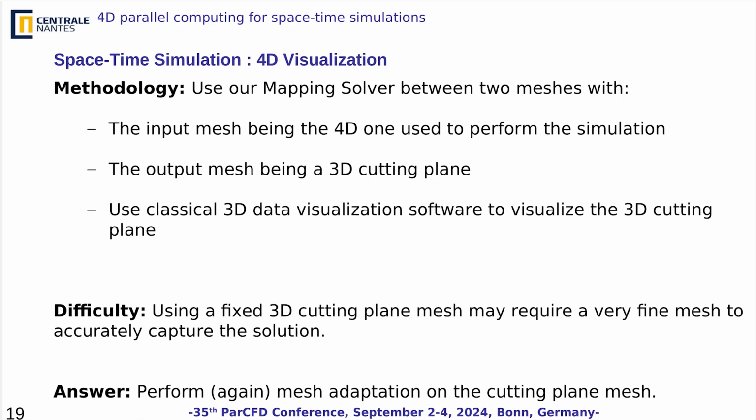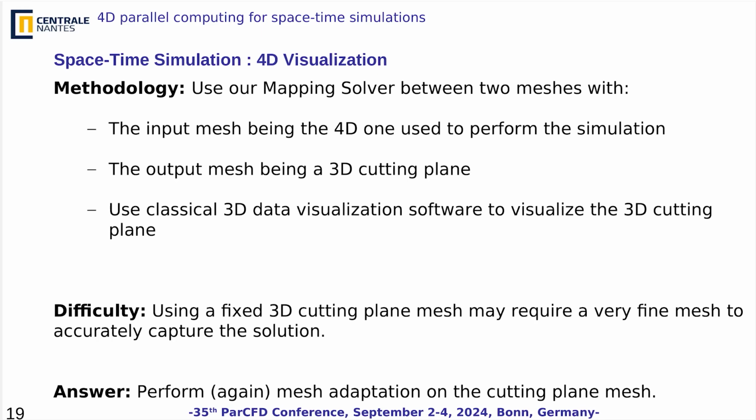So the input mesh here will be the 4D one used for the computation, and the output mesh will be a 3D cutting plane. And we use classical 3D data visualization to visualize these results. One difficulty, and maybe you have noticed that on the first video I played with the pentatope element: if we use a fixed 3D cutting plane, it must be fine enough to represent the solution, and it will be very fine and very difficult, and we'll lose everything.